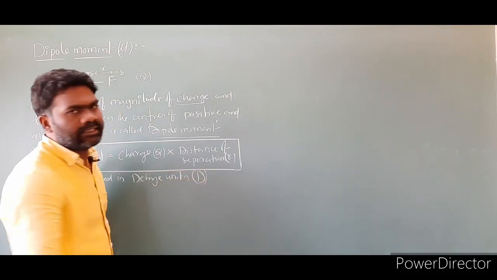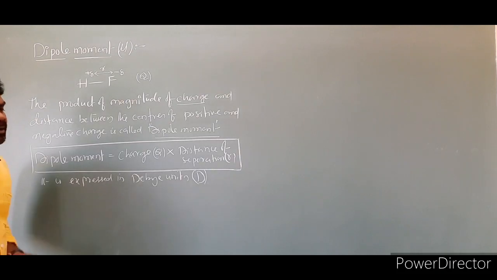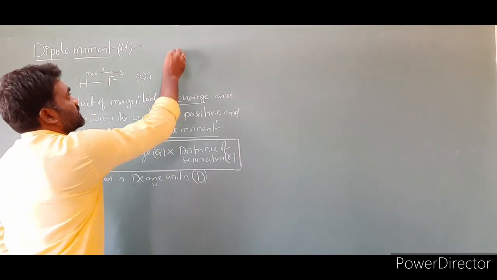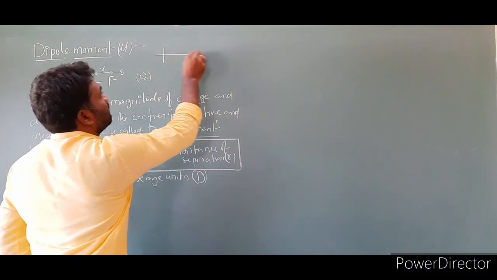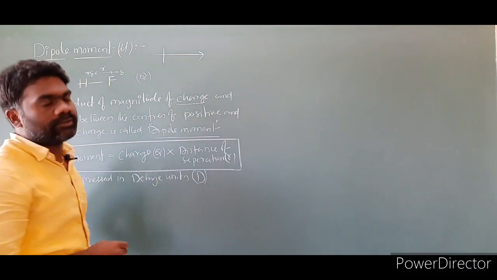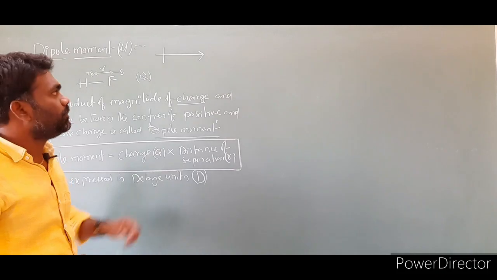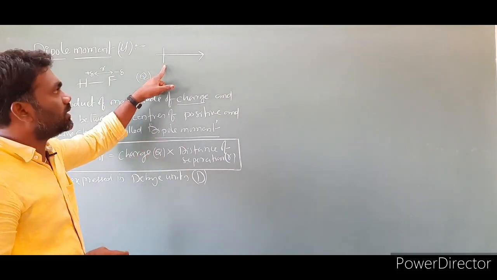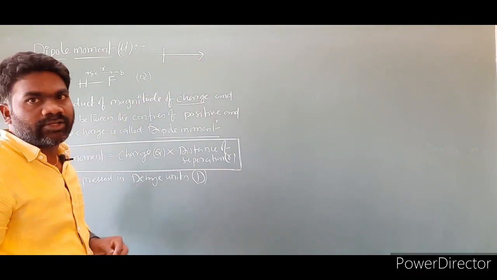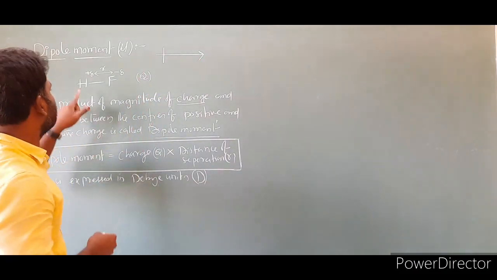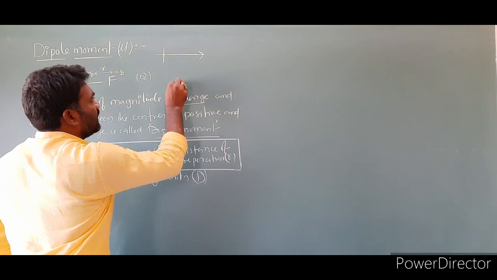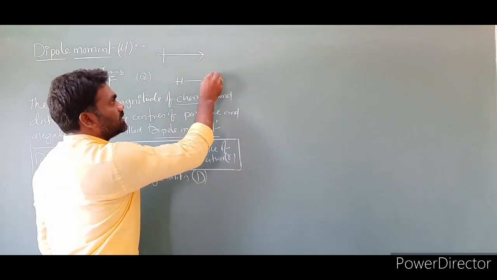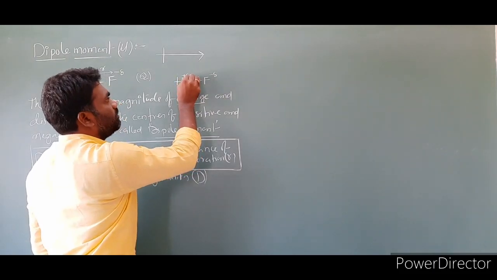Denoted by the letter D. And the dipole moment is represented by the crossed arrow like this. This is a crossed arrow, and the cross is on the positive end and the arrowhead is on the negative end. What this sentence means is, I am taking the HF molecule again here. This is the partially negative charge and this is the partially positive charge.